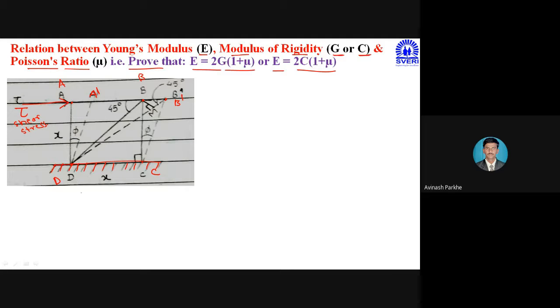But the bottom side, point C and point D, is totally fixed. At the top side, A is shifted to A dash and B is shifted to B dash. Therefore, here you will get one angle which is represented by phi.